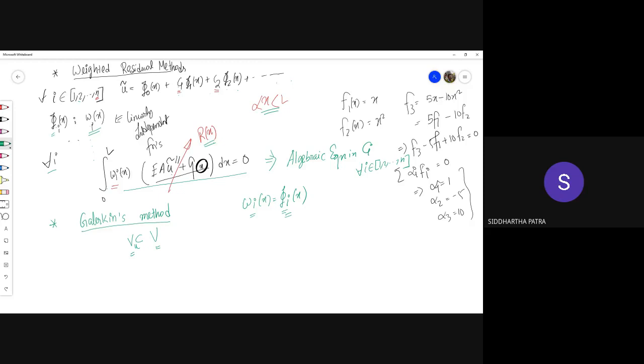But the thought behind this is, if I keep on adding more and more terms to this expression, then I'll be increasing the dimension of this subset of functions, and since the global set actually gives you the exact solution, by increasing the dimension you are approaching the accuracy.